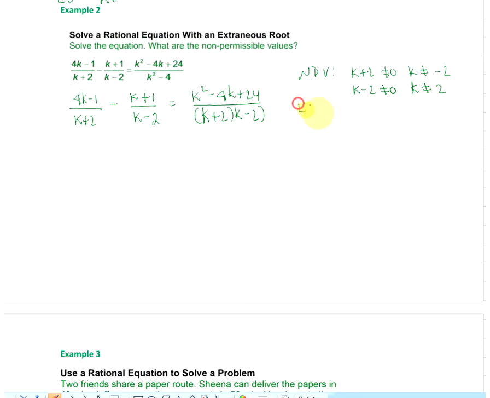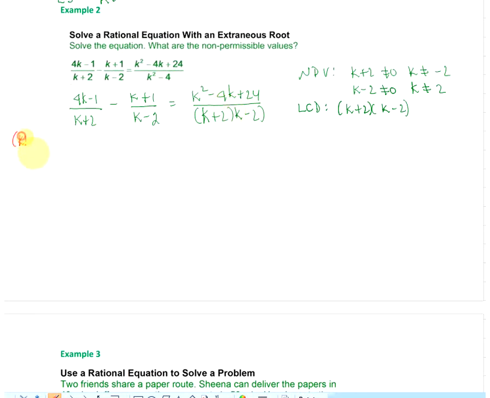All right, and our LCD is going to be k plus 2 times k minus 2. All right, so we're going to multiply every part of our equation by our LCD. All right, so this part, the middle part, and the right part.